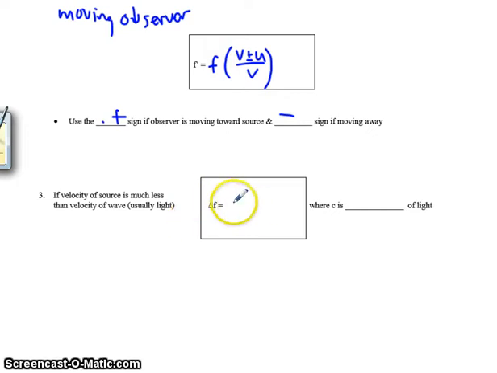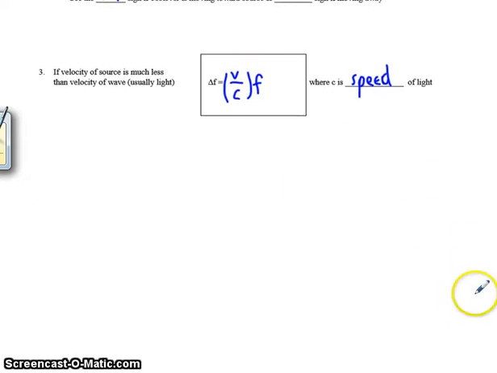The shift in frequency is a fraction of the original frequency, where that fraction is V over C. V, in this case, is not the wave speed, it is the speed of the source, so that's a little bit different than here. And C is the speed of the wave, and it's usually the speed of light. But again, it could be the speed of a very fast-moving sound wave, especially if that speed is much greater than the source itself.